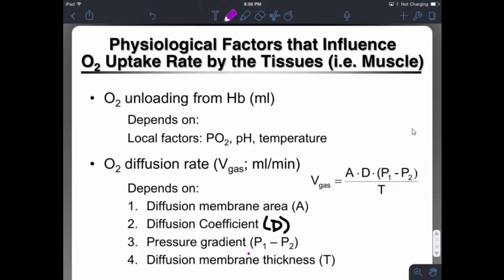Alright, this next slide again is going to review information that we've already talked about. We've talked about oxygen unloading from hemoglobin. And remember that hemoglobin either loads or unloads oxygen depending on where we are in the body.